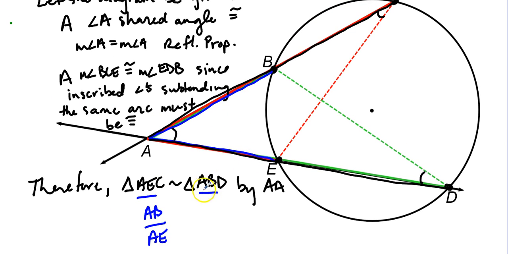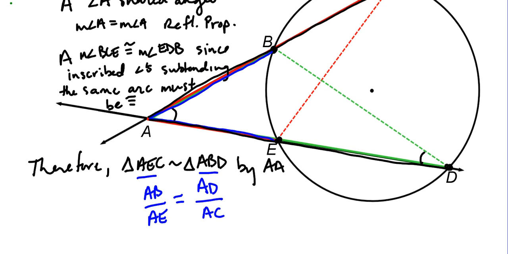If I write AB first in the ratio, I've got to find another side length. My other side length would be AD, this whole segment here, compared to AC up top. Those are the ratios that I know exist.